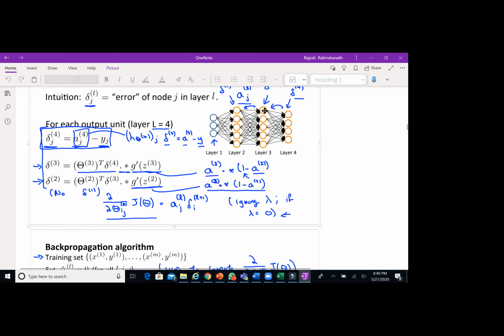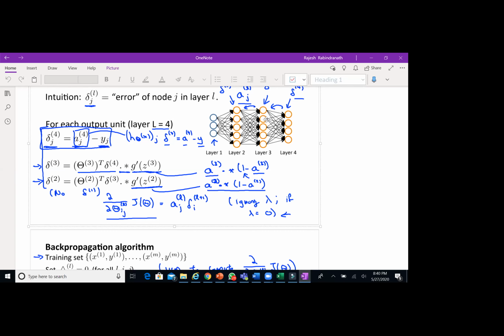So the error in layer 3 means what exactly, because the challenge here is you just need to visualize this very carefully. For layer 4, it's very simple because you have an observed value to calculate the actual. Layer 3, you have a derived value, but you don't have an actual value. Layer 3 does not have an actual value.